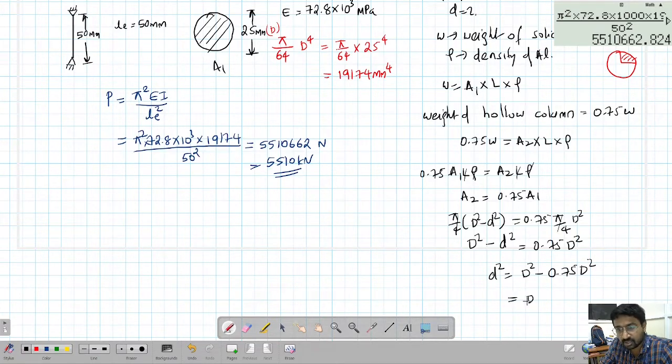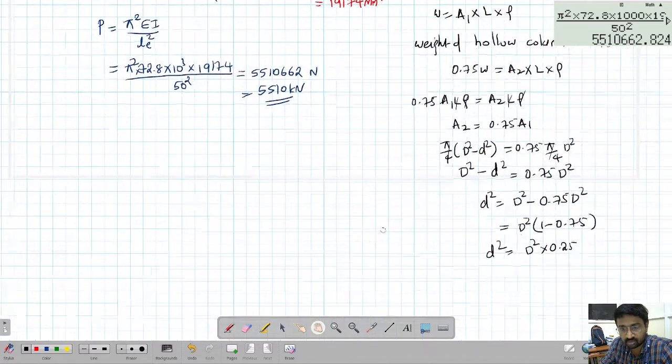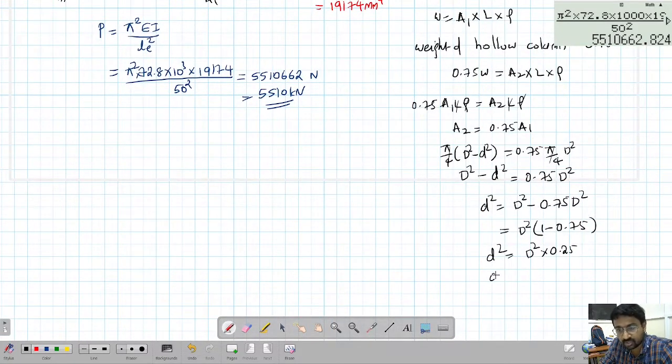So small d squared is equal to capital D squared minus 0.75 capital D squared. This means D squared into 1 minus 0.75. I will take D squared common. D squared into 0.25 equals small d squared. I will take the square root on both sides. That means d equals D into root 0.25.